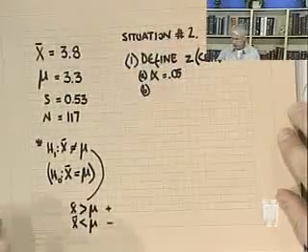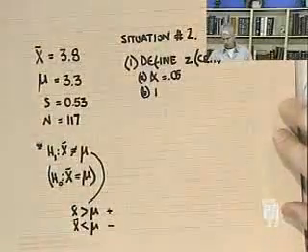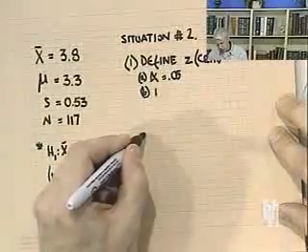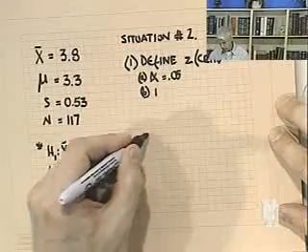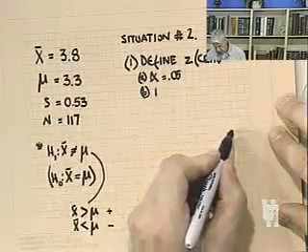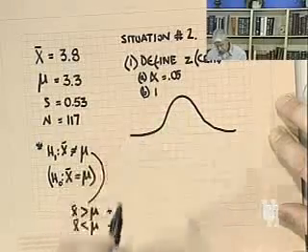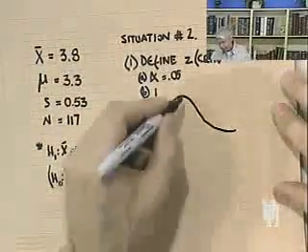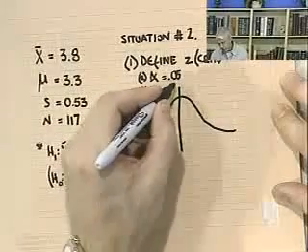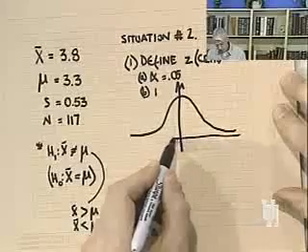The logic, recall, is this. This is my micro effort to draw a normal distribution. Here is the center of the distribution, mu.